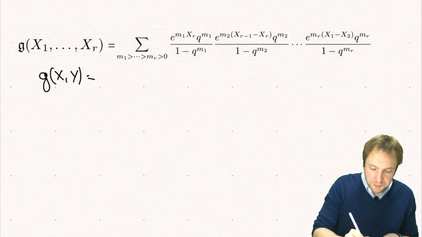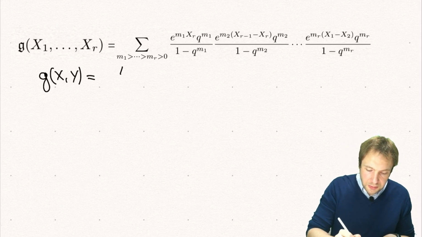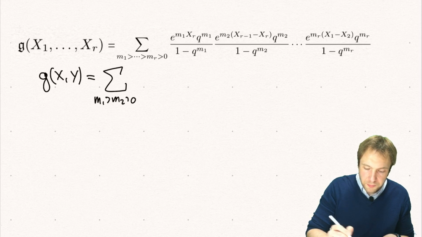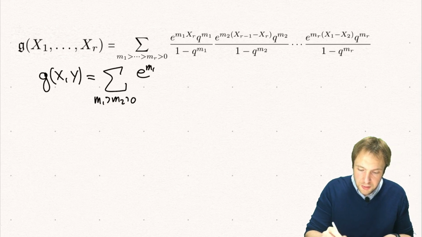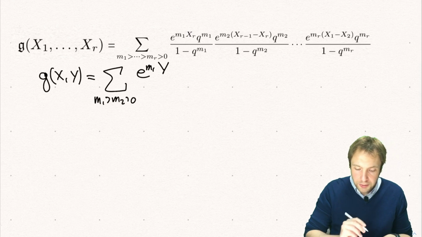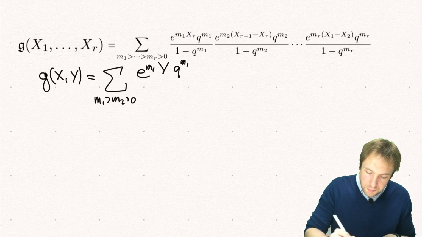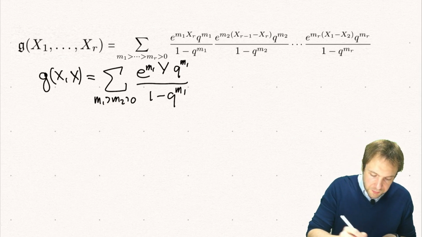So what is this formula saying in the case r equals 2? So it's an ordered sum, m1 is greater than m2. And here I now have e to the m1 x_r, so r is 2, so this is x, this is y, q to the m1. Maybe let's call this x1 and x2.